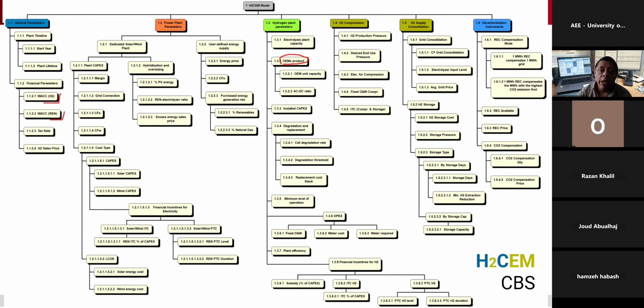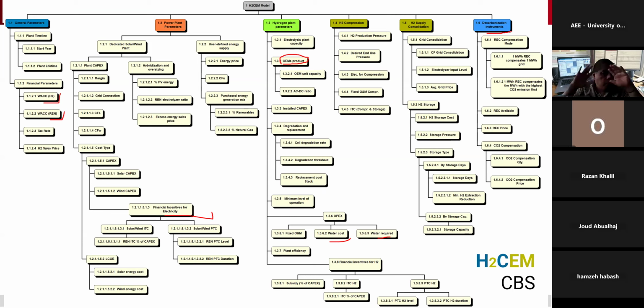Okay, around 120 megawatts of electrolyzer installed. So we can see here water costs, water required, and many data, and the financial incentives for hydrogen, financial incentives for electricity, for compression, for storage, grid connection, decarbonization instrument.